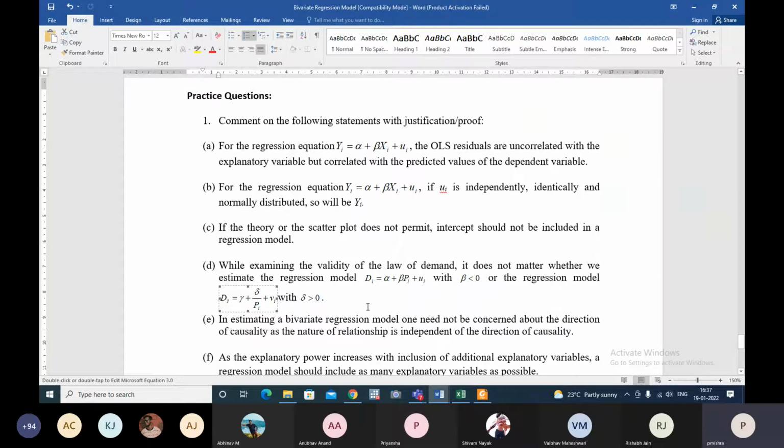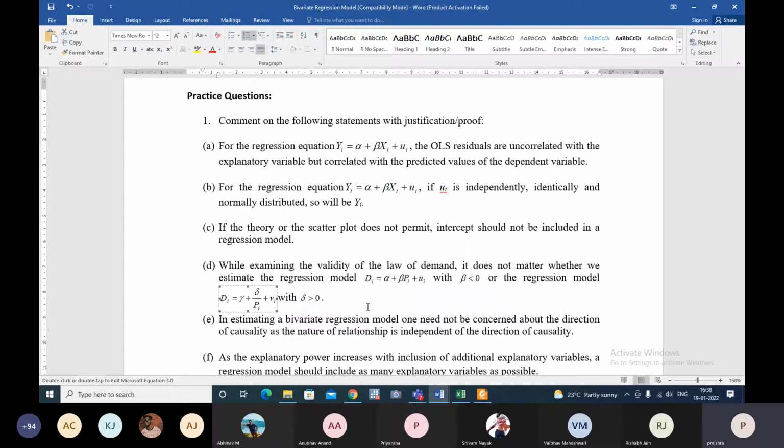So broadly, what we are saying is that the choice of this functional form will also depend on the nature of the commodity. Choice of the functional form will depend on the nature of the commodity itself.